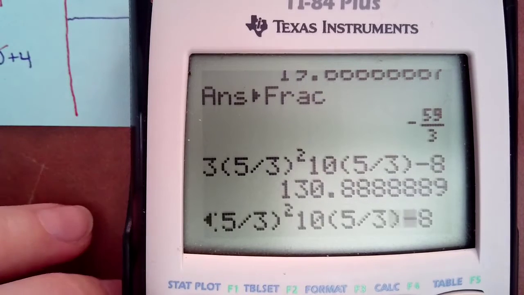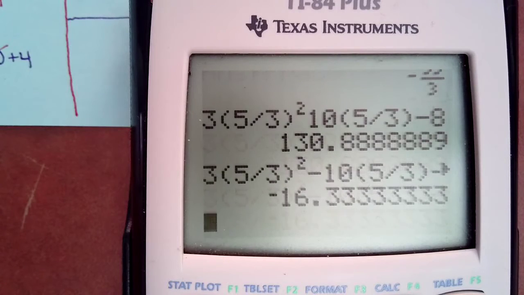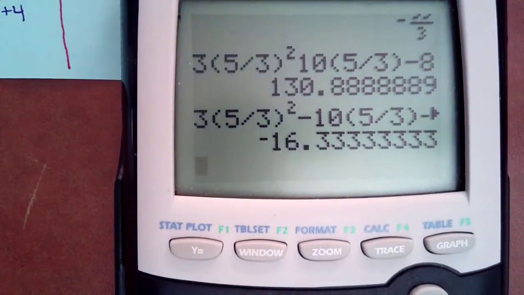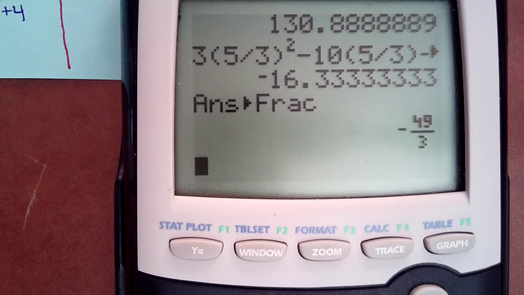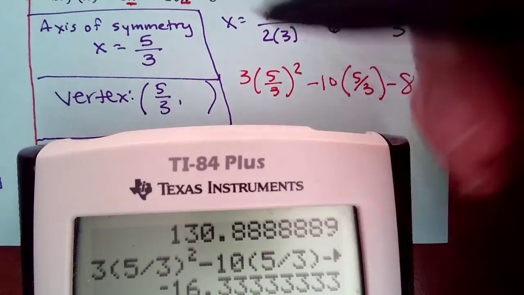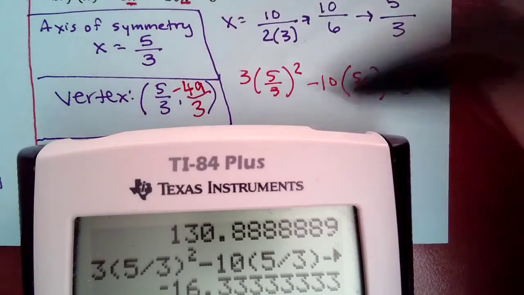So it actually should be negative 16.3 repeating. If you squared it like the equation says to, then math, enter, enter, negative 49 over 3. That's the correct answer. So that's just a good example of making sure we take our time and plug in exactly what's on the paper. It's okay to make mistakes as long as we can go back and analyze them and fix them. So negative 49 over 3.